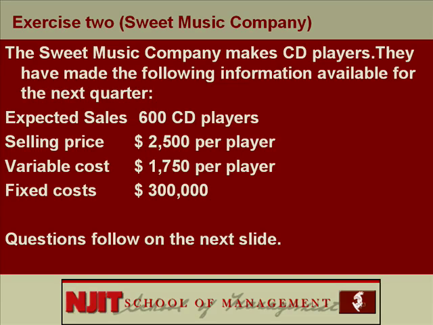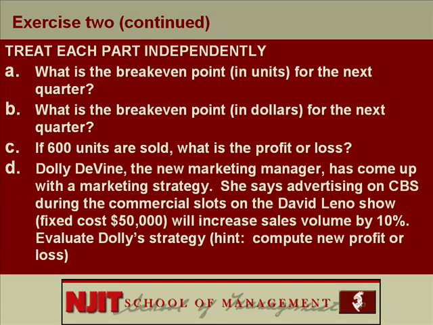The variable cost is $1,750 per player. The fixed cost is $300,000. Take a few minutes and print this out, and print out the questions on the next slide. Here are the questions. There you go.